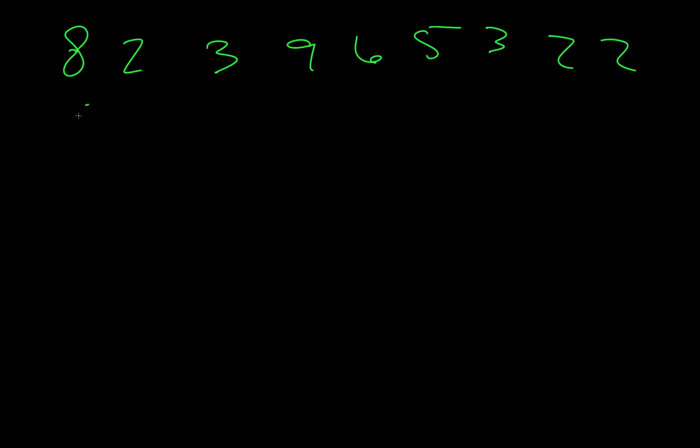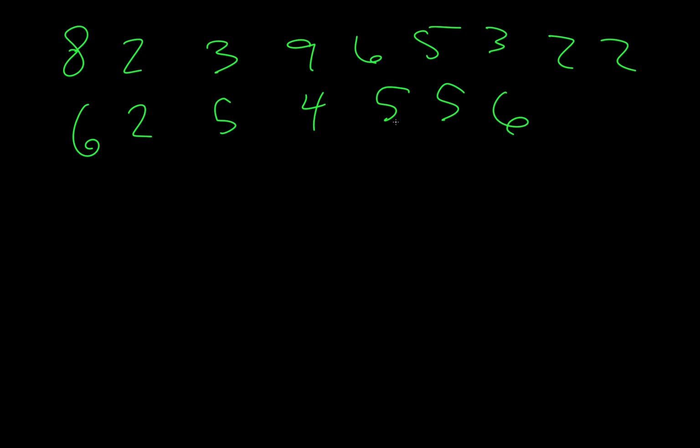So we're on example 8, and it gives us some data. It says find the 5-number summary of this data.